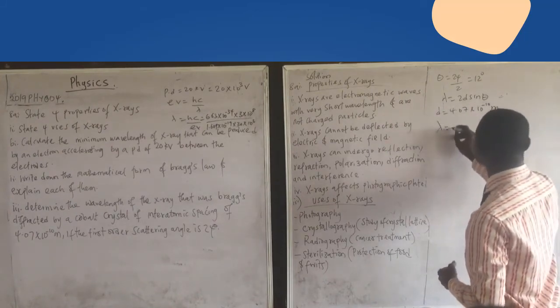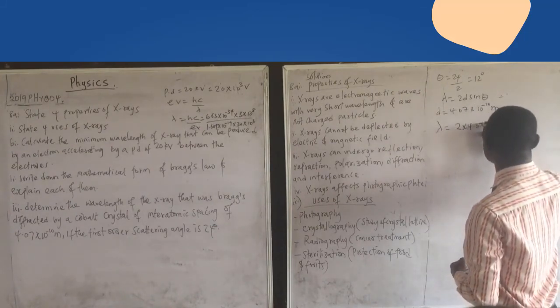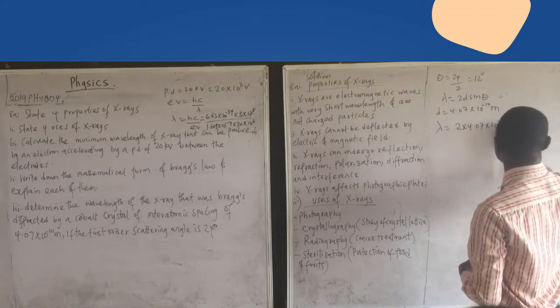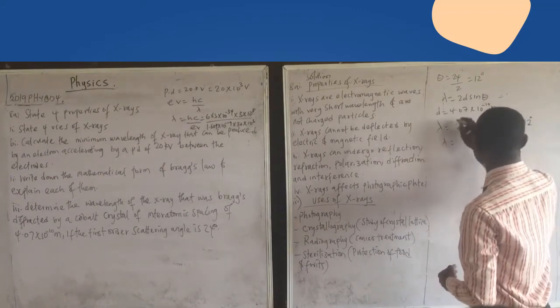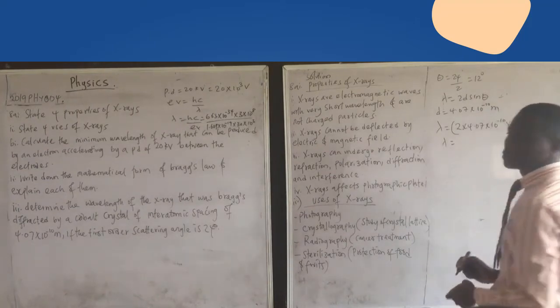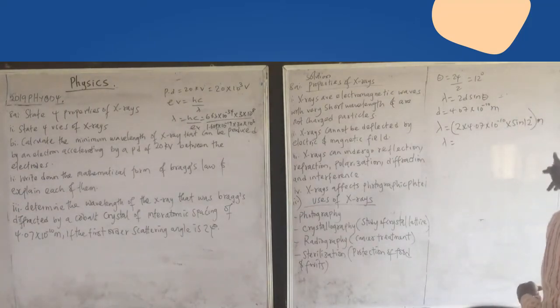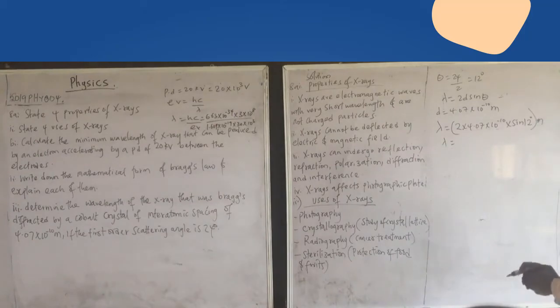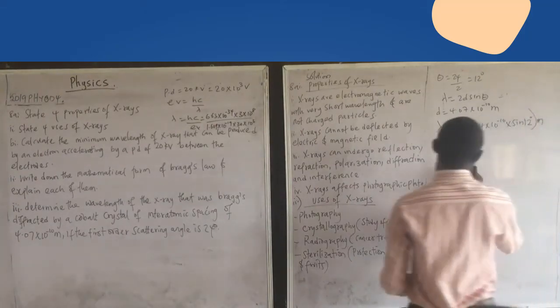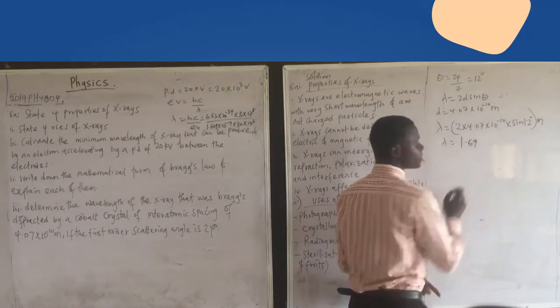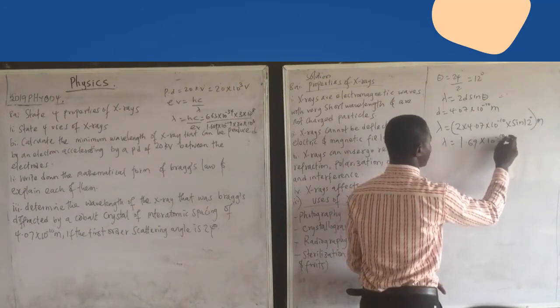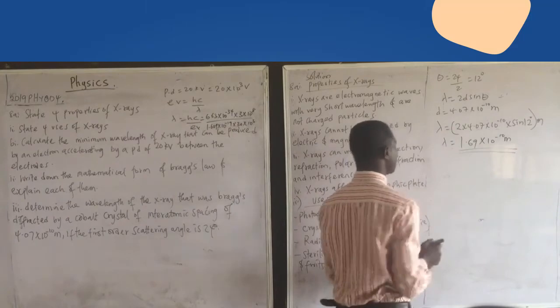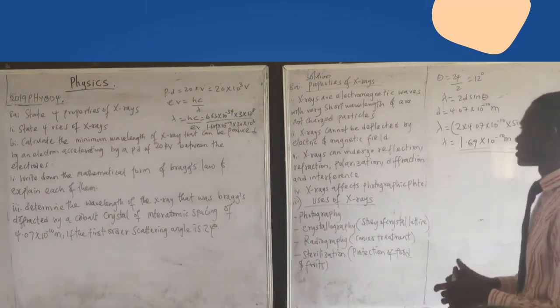So lambda equals 2 times 4.07 times 10 to the minus 10 times sine 12 degrees. If you multiply all this, your answer must be in meters. You'll be getting 1.69 times 10 to the minus 10 meters. So this gives you your final answer.